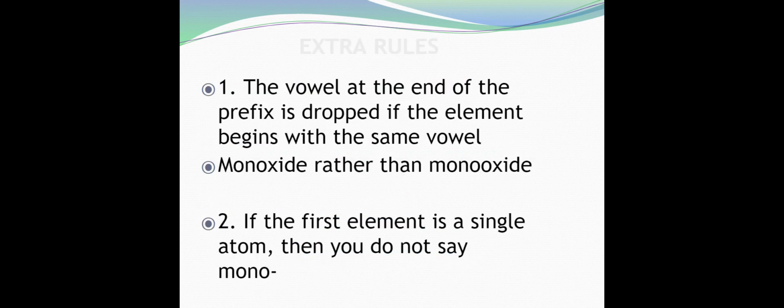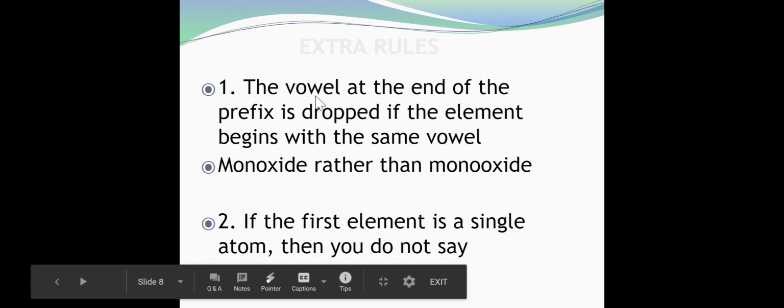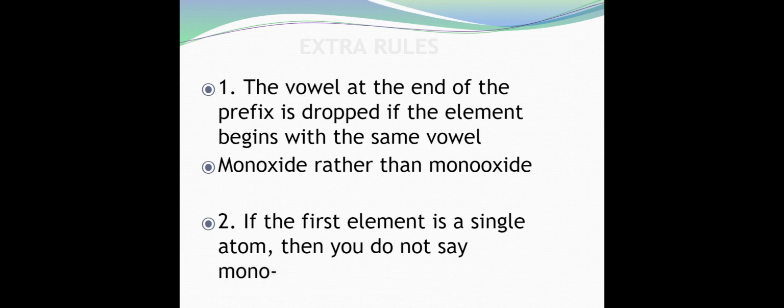A couple more trivia things. First of all, the vowel at the end of the prefix will be dropped if there are two vowels together. For example, when we have mono and oxide, there are two O's, so we just get rid of one O and it becomes monoxide, because otherwise it's hard to pronounce.